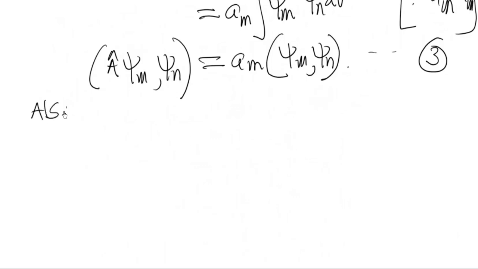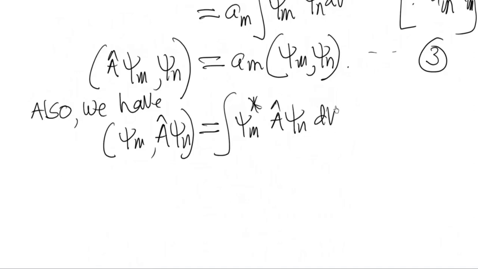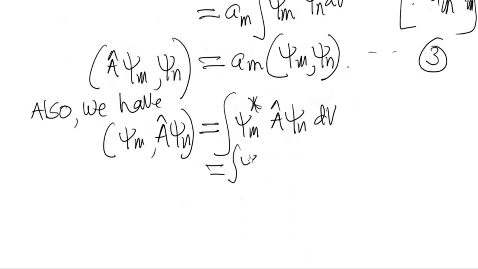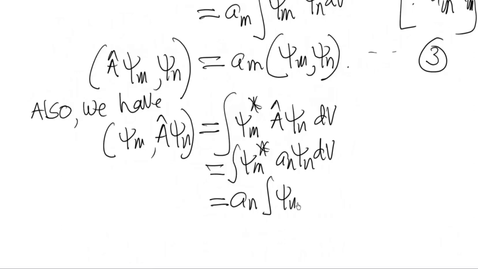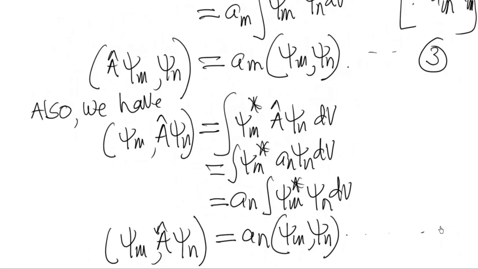Also we have psi m and A psi n. Now using equation 2, you see A psi n here, this one, a n psi n dv, and this one can be written as this. Let us suppose this is equation 4.